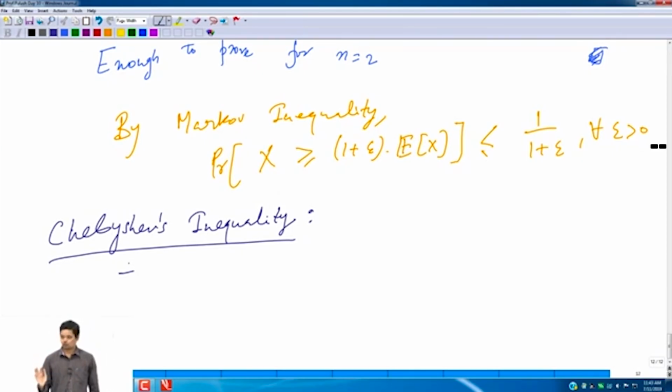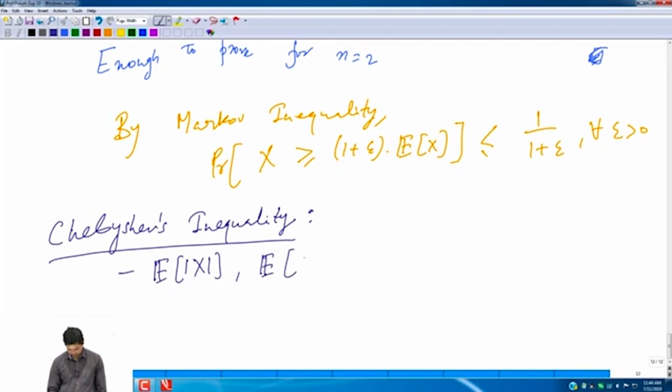It leaves that assumption, but it assumes that the expectation of x and the expectation of x square exist. So Markov only assumed the existence of expectation. Chebyshev assumes the existence of both expectation and variance.